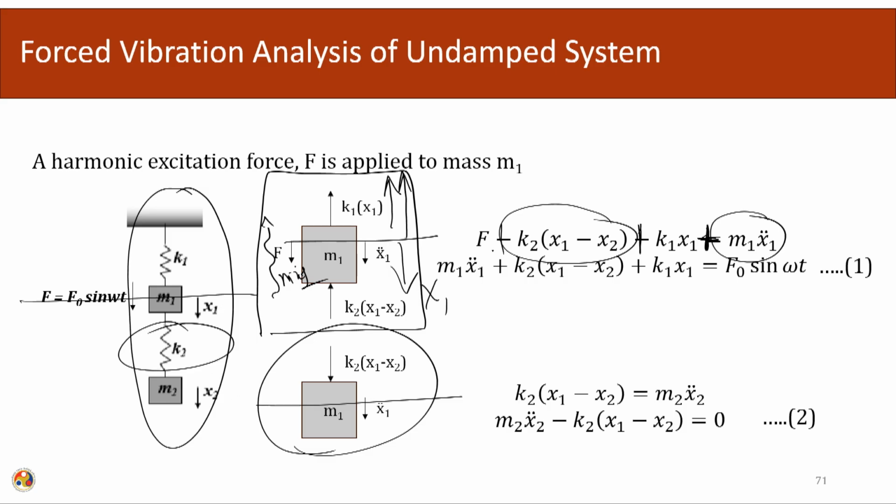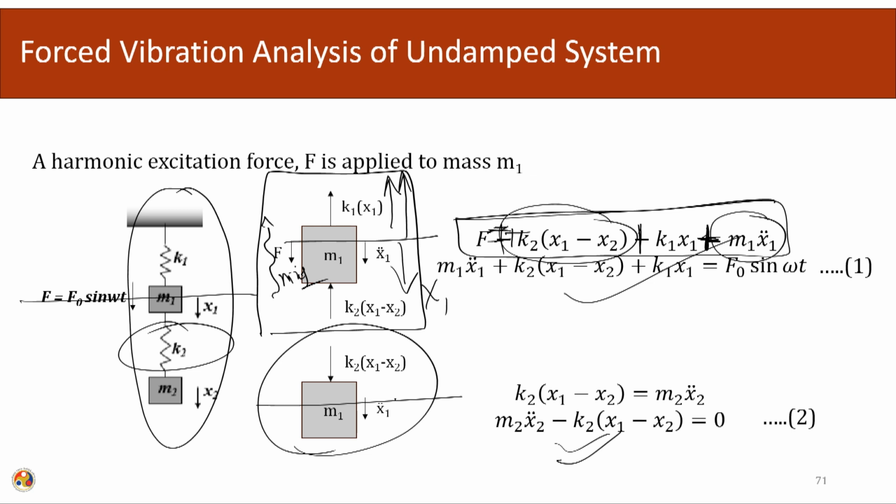This is the equation. This is how we arrange the two equations for the two bodies. What we need to do is cut out these forces and write down the summation of the forces in the vertical direction.